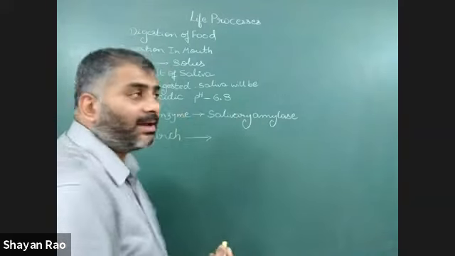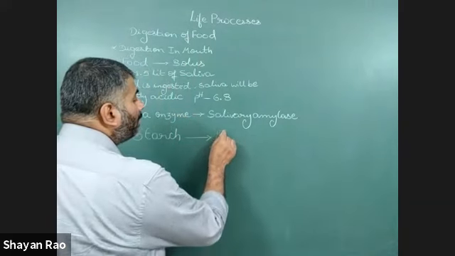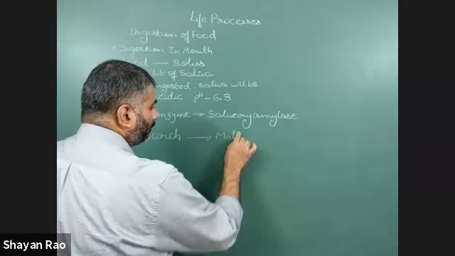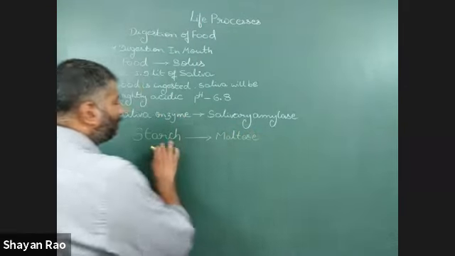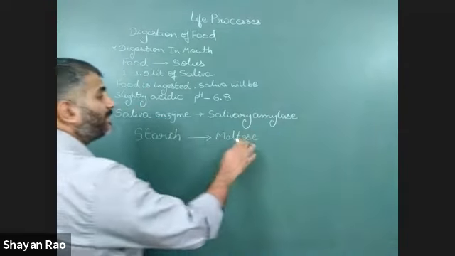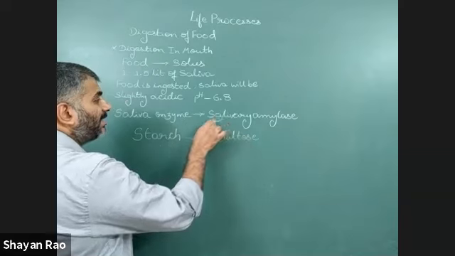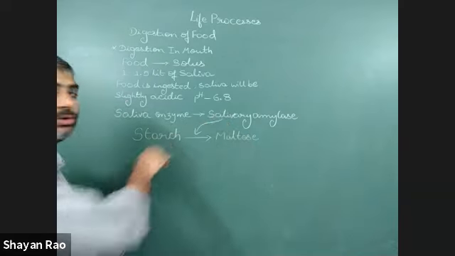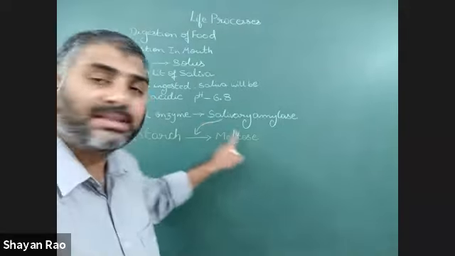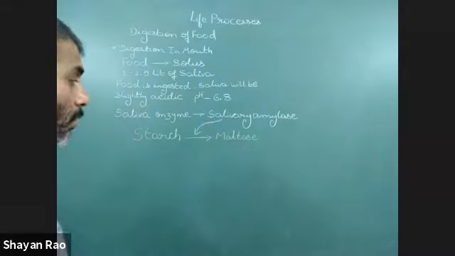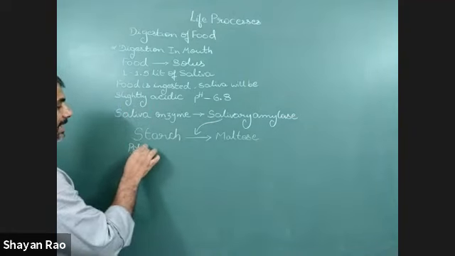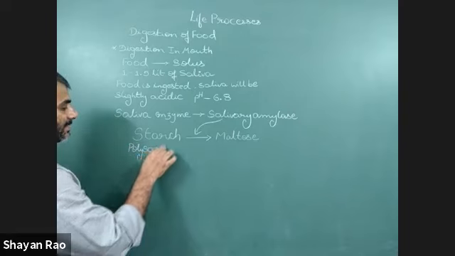It forms something called maltose. So starch gets converted into maltose. For starch to be converted into maltose, salivary amylase has to act on it. What is starch? Starch is a polysaccharide.